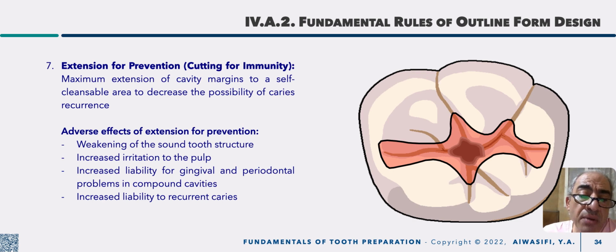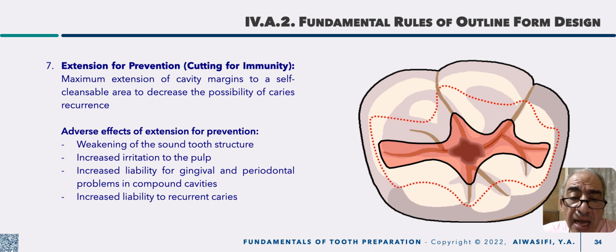It means maximum extension of the cavity margin to a self-cleansable area, to ensure that there will not be food stagnation at the margins. That means that the cavity margins are located in a self-cleansable area. G.V. Black preferred this extension for prevention to be as maximum as possible, and this will be the shape of the cavity.